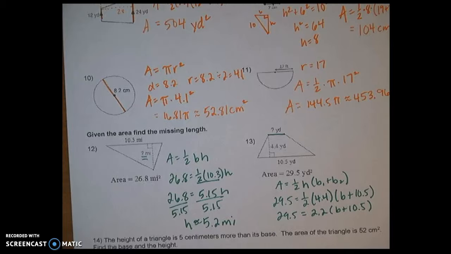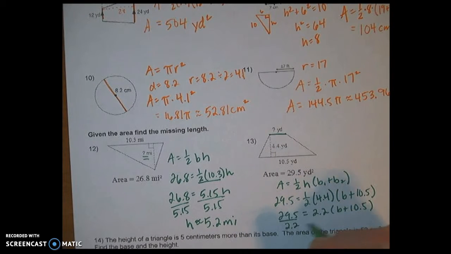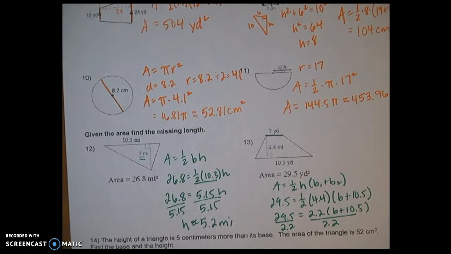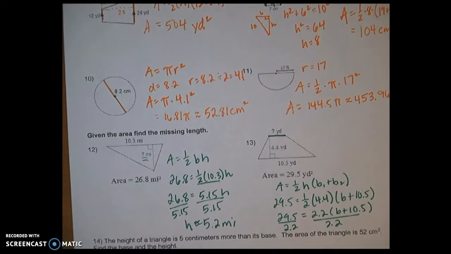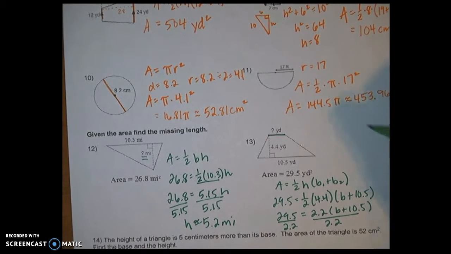You have a couple options at this point. If you wanted to, you could distribute that 2.2. I'm actually going to choose to divide by the 2.2 first. When I do 29.5 divided by 2.2, I'm going to end up rounding that. Whether that's the best decision or not, that's kind of up to you.